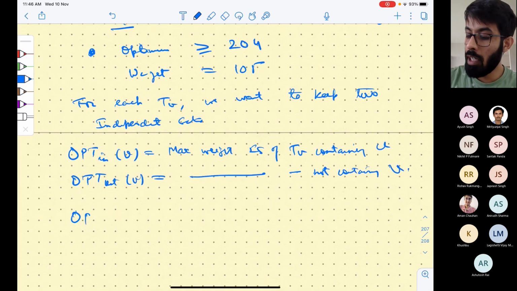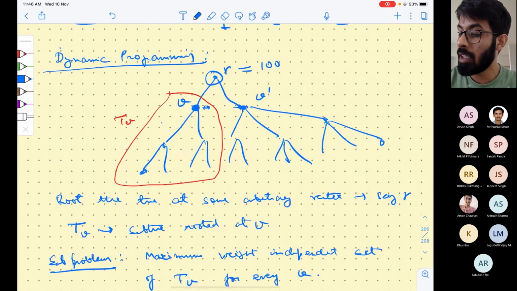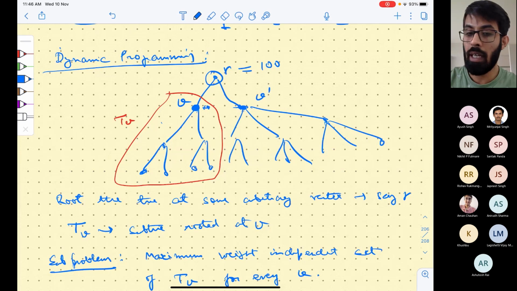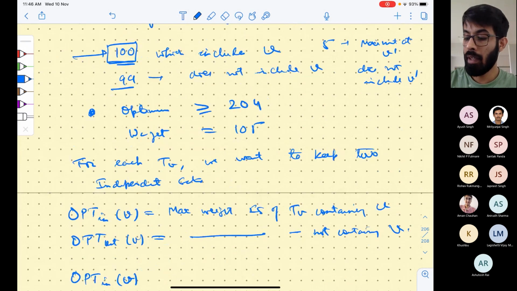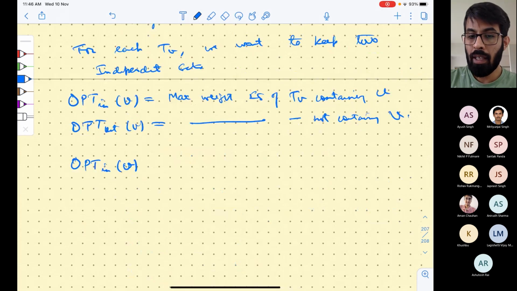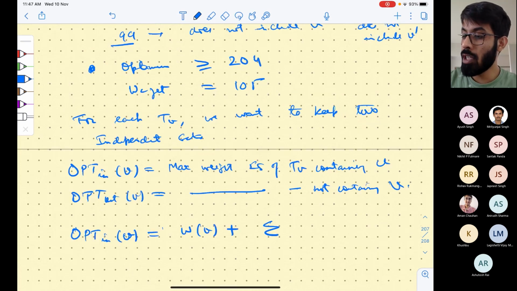So now what is going to be opt-in of V, given that we have computed everything from below? So we start from the leaves and we compute up, right? And for the leaves, it's going to be easy. I'm not going to write the base case. So what is opt-in of V? Opt-in of V is going to be weight of V plus, now you sum.